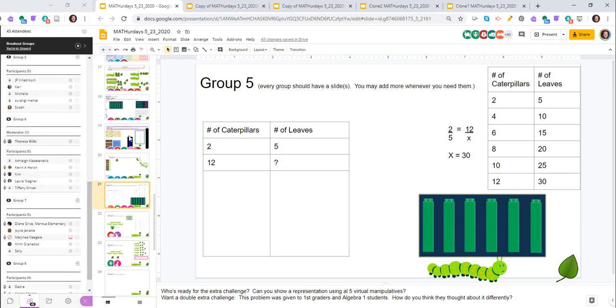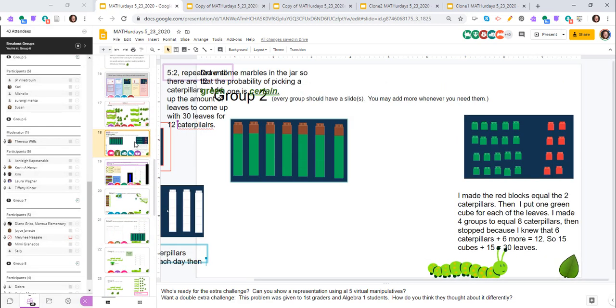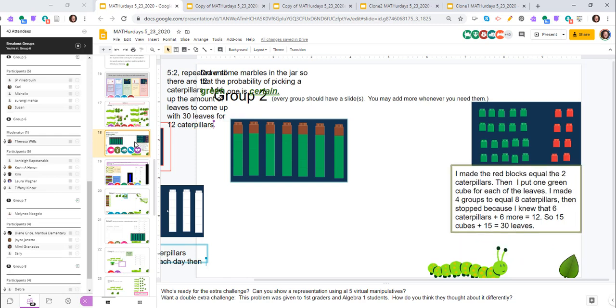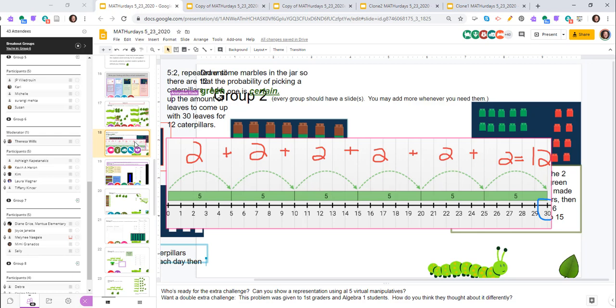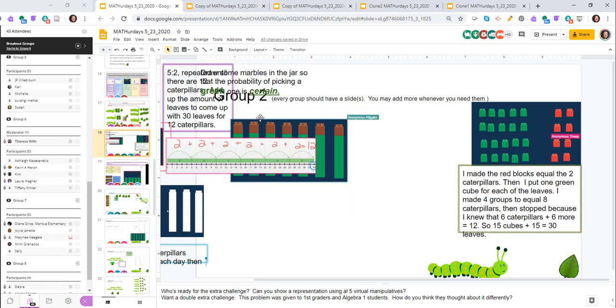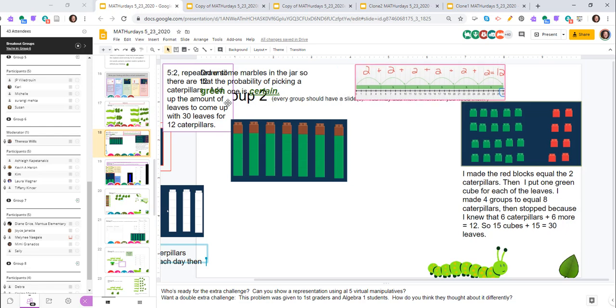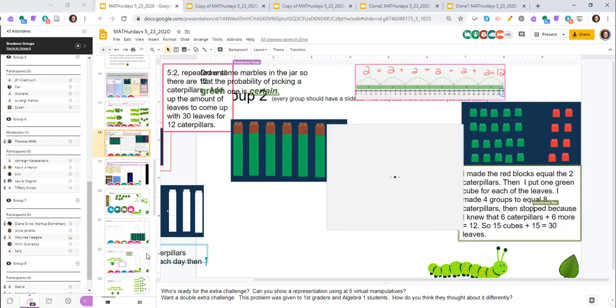It takes 6 leaves to feed 15, and it would take 12 leaves to feed 30. I mean, it would take 30 leaves to feed 12. Sorry, said it the wrong way. Got it. But isn't the 2 the leaves?